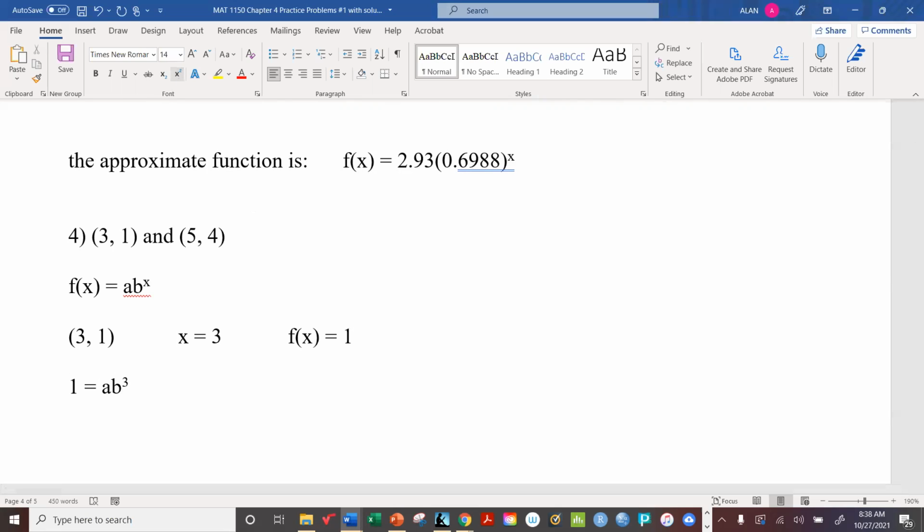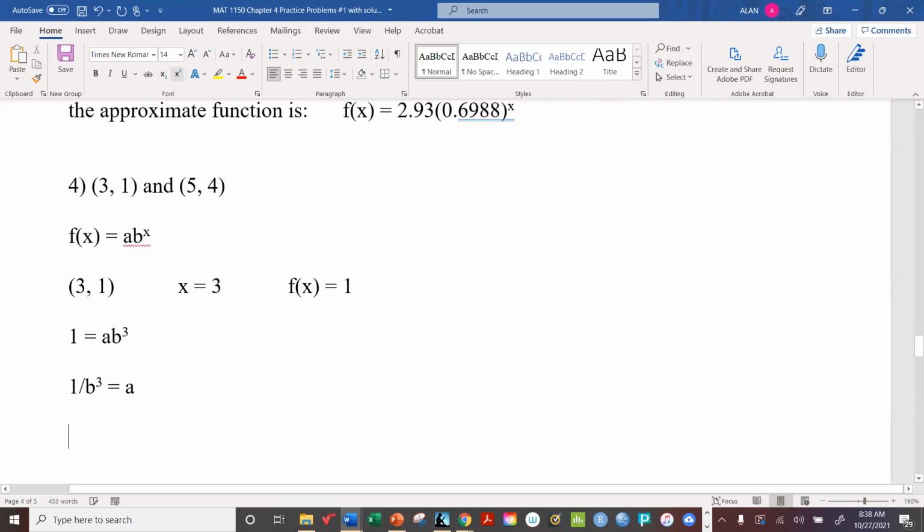And I can choose to solve for either one of these. Let's go for 1 over b cubed is equal to a. Now for the second one, we have 5 comma 4, which implies that x equals 5 and f of x equals 4.